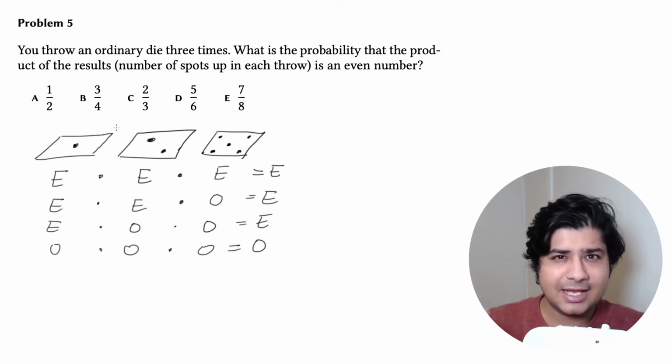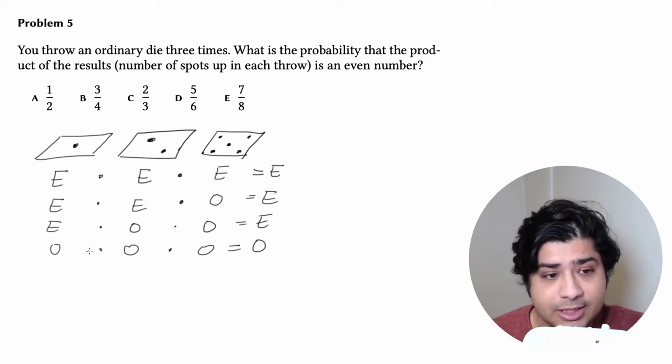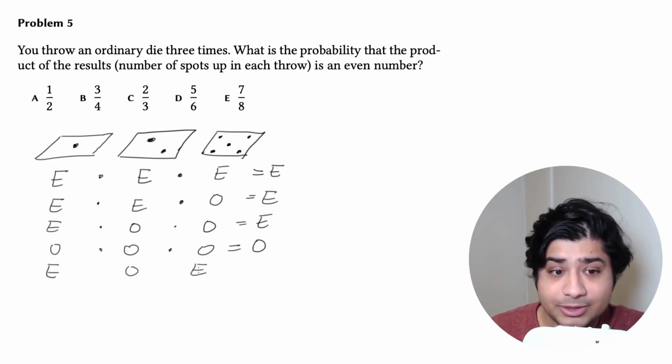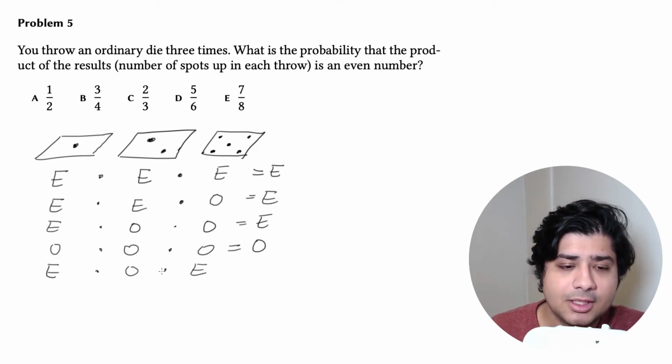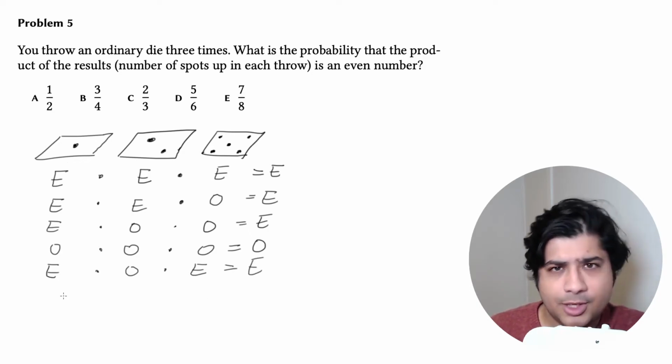But did we take everything into account here? We did not, because there is another scenario here, right? Well, more than one scenario, really, where you could roll an even number first, and then an odd number, and then an even number. We didn't take that into account here. So that's another one here. So that's going to be, of course, an even number as well. And then we have, what others do we have?